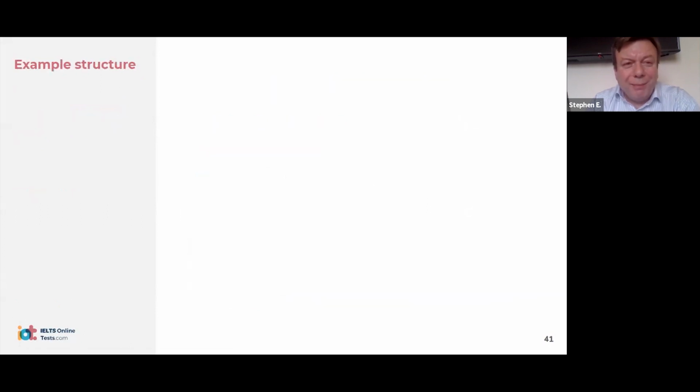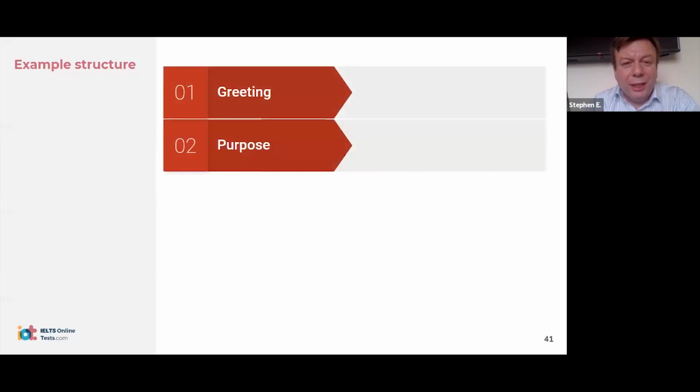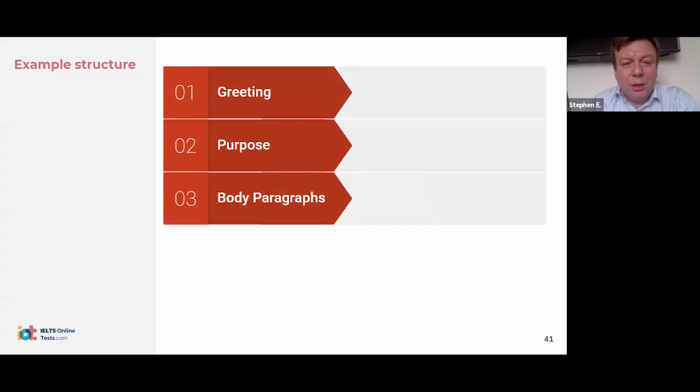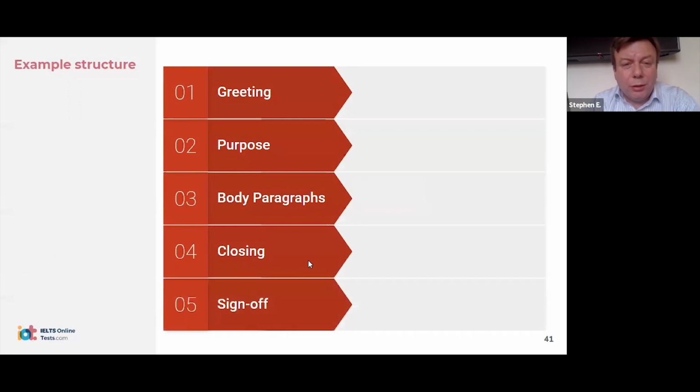So we'll look at an example structure now. We have our greeting, purpose, body paragraphs, closing, and then our sign off. Okay, so see if you can match the phrase I'm going to give you to the section.